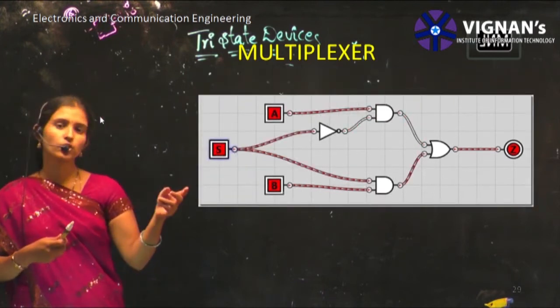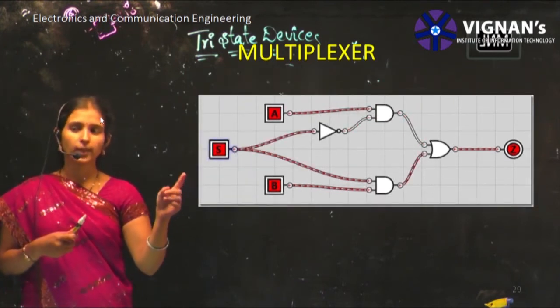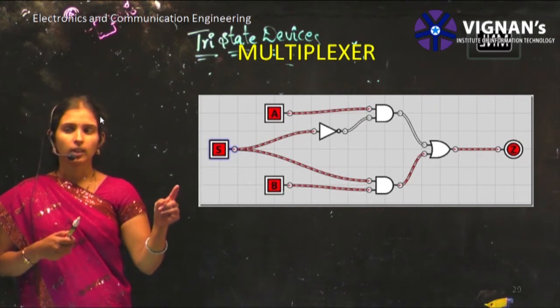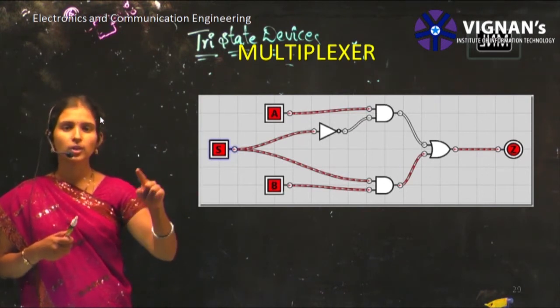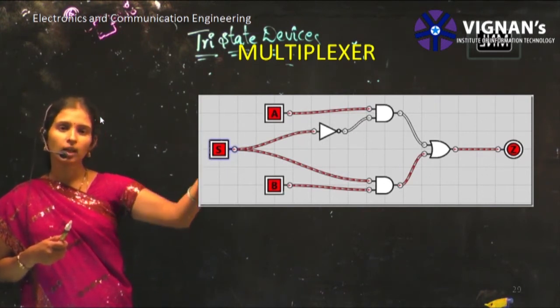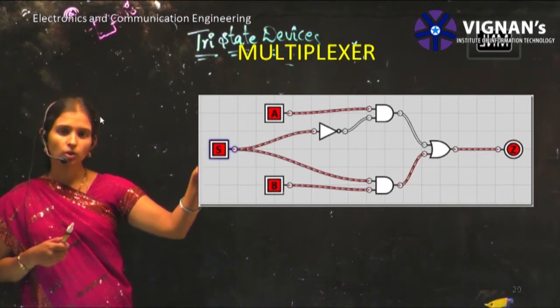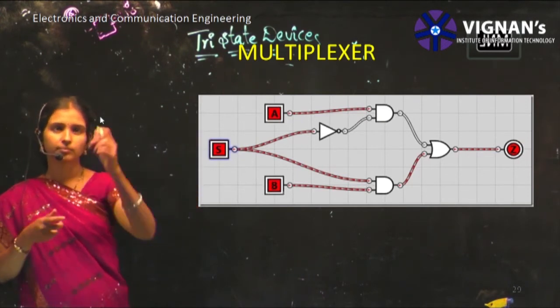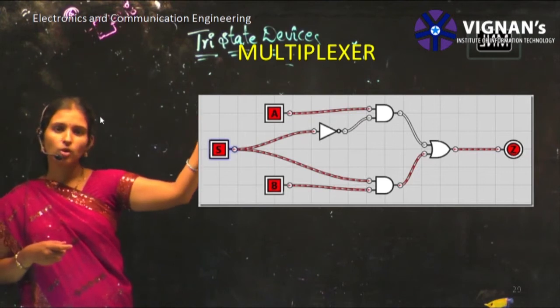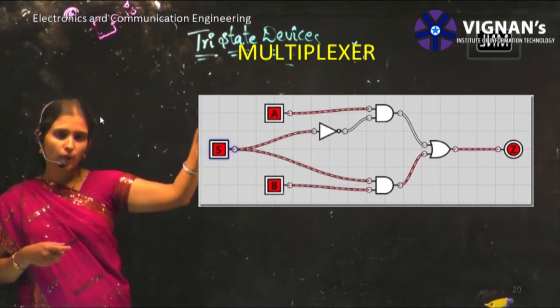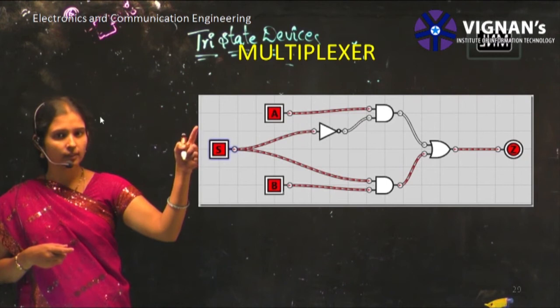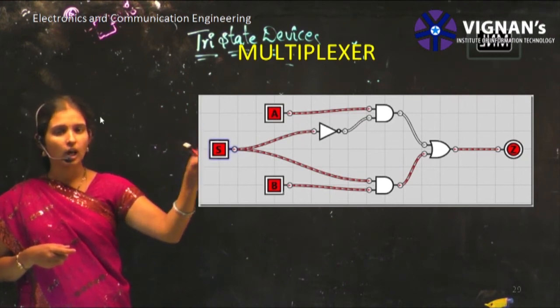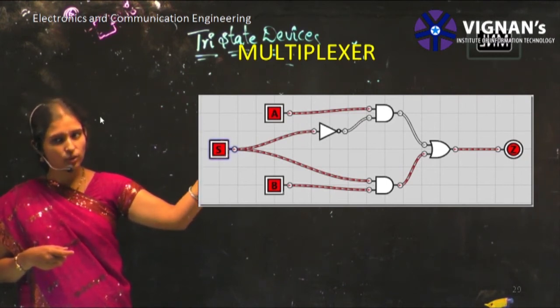At the same time, if the selection line is equal to 1, the inverted output will be 0 for the AND gate. Even though you are providing A, with 1 and 0 the output of that AND gate will be 0.